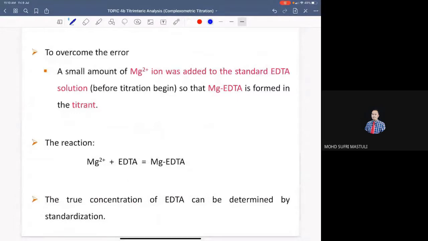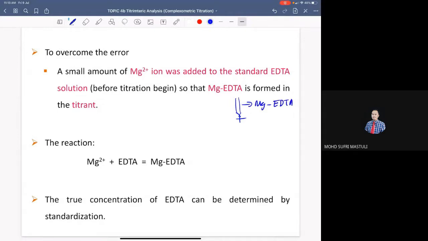A small amount of magnesium ion will be added to the standard EDTA solution. So the magnesium ion we add to the EDTA before the titration begins. So the titrant in the burette will be Mg-EDTA.